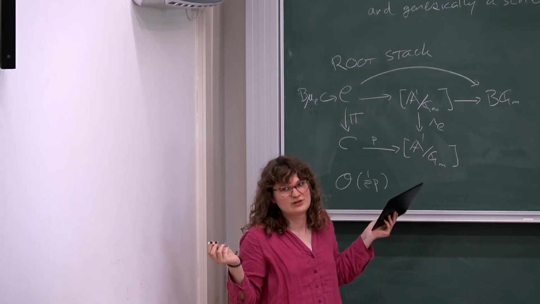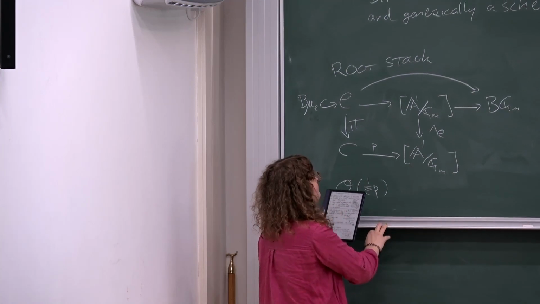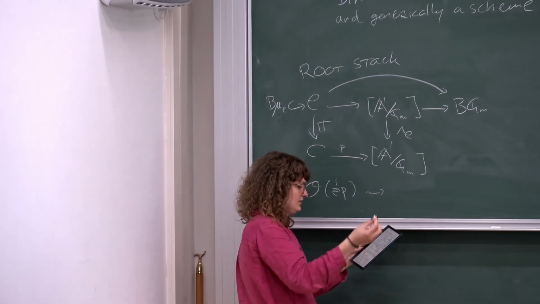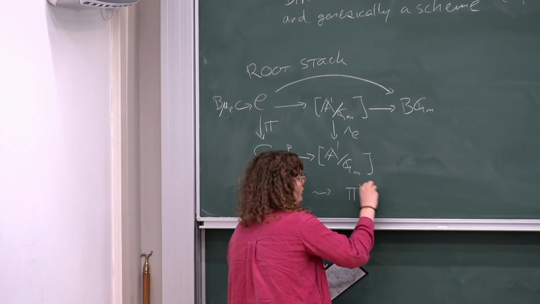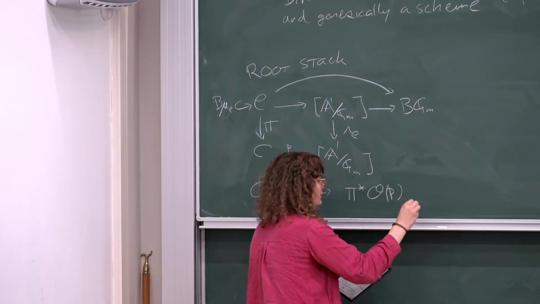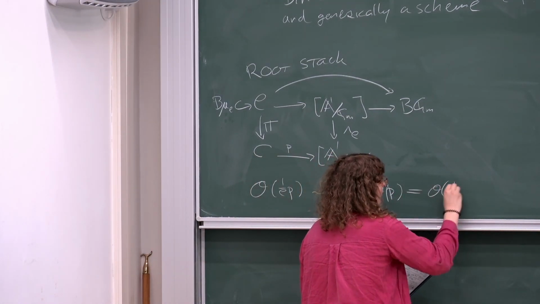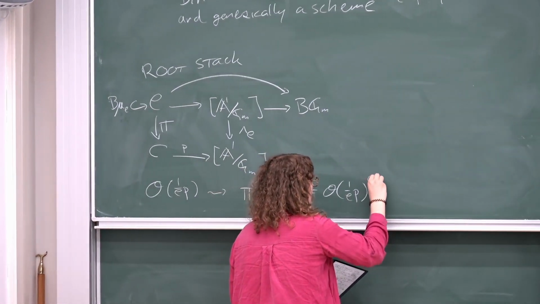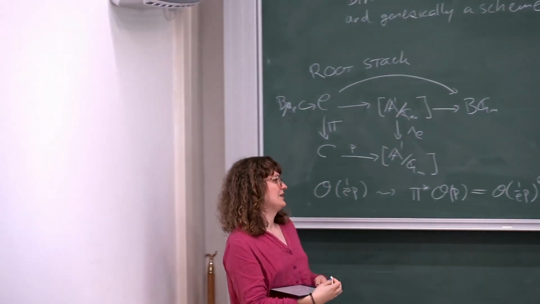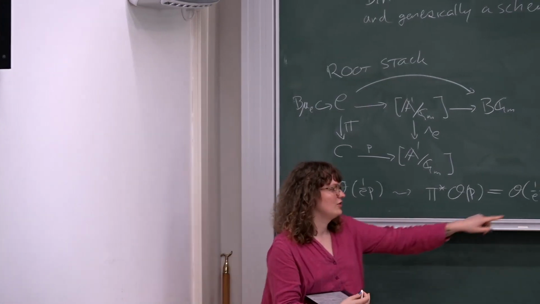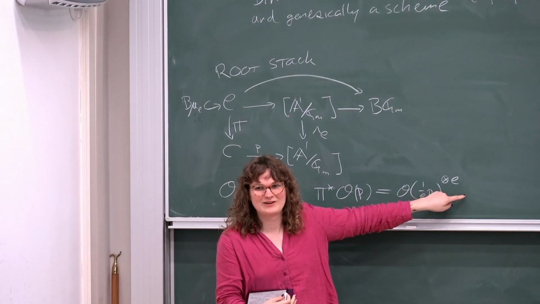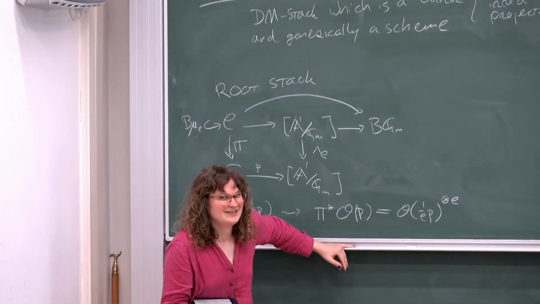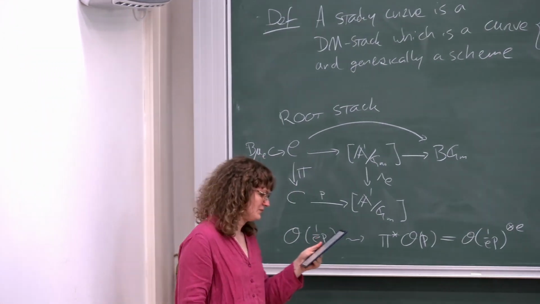Pi is a coarse moduli space map. Then it satisfies that if I pull back O of P, then I get O of 1 over e P to the tensor power e. And as far as I am aware, this is why it's called a root stack, because this is a power. So the opposite of powering is rooting. That's why we get root stacks.